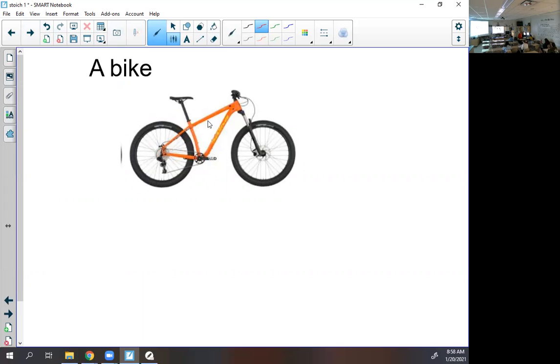Do you guys know what this thing is? That's a bicycle. All right, this is a bicycle. Sort of pay attention here. If you look, it's not super hard to understand that a bicycle requires a frame and wheels, and it makes a bike. Now, have I used this analogy before?